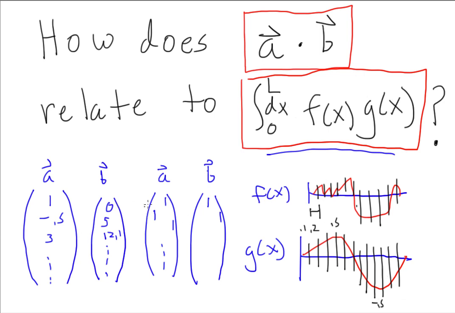A vector is a series of numbers, and in some sense, we can think about discretizing f of x and g of x into also a series of numbers along the interval 0 to L, whereas in the vector case, we just had some number n of entries. Over here, we'll have L over delta x, so n tilde is going to look something like this. We take our whole interval L and divide it up into little pieces, and that will give us n numbers.